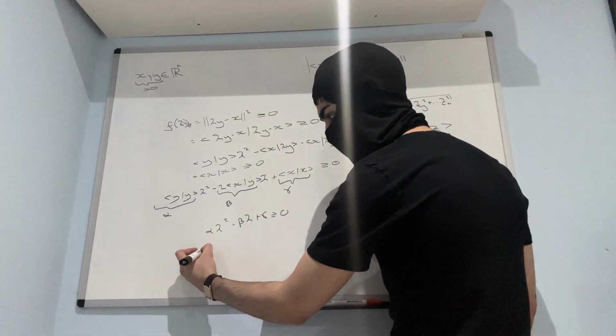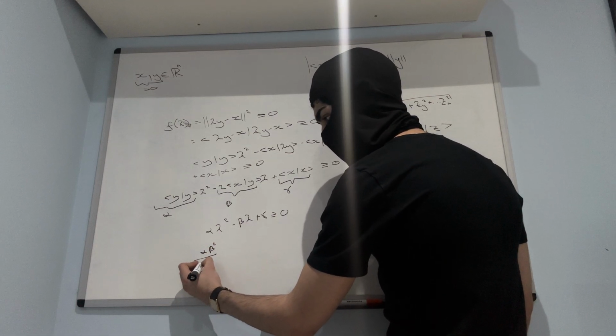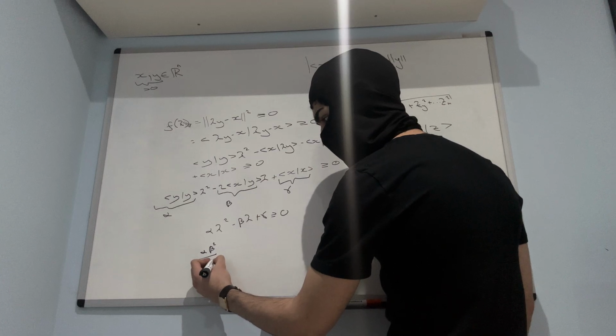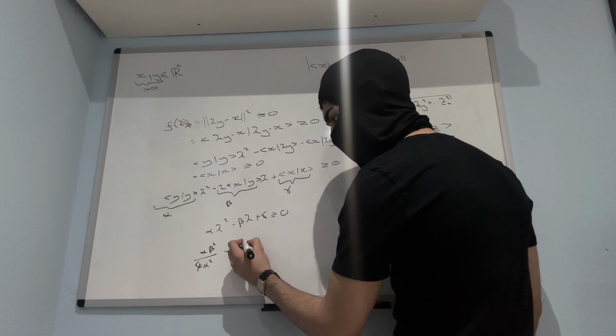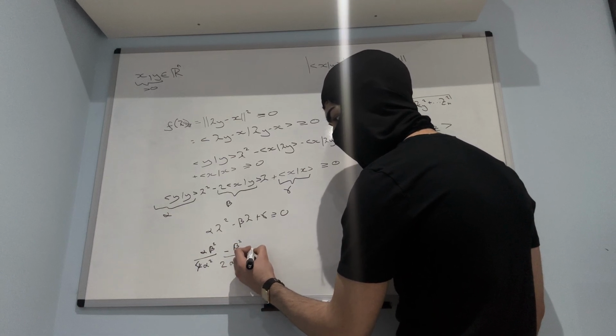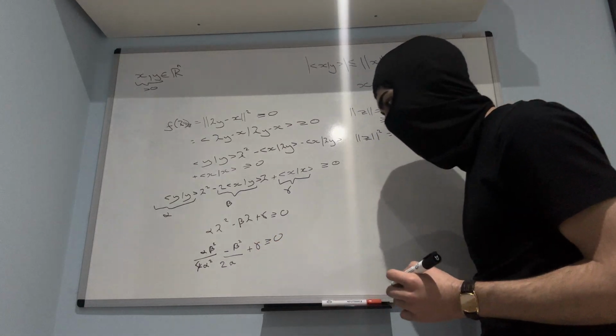So when we do that, we get alpha times beta squared over 4 alpha squared, minus beta squared over 2 alpha, plus gamma, is greater than or equal to 0.